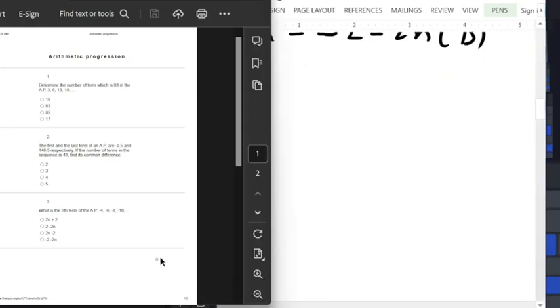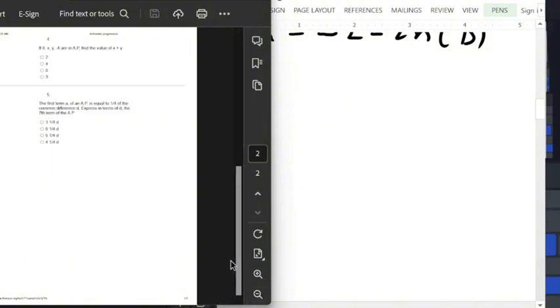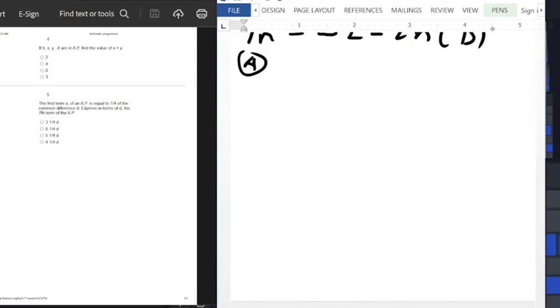Question 4 is: if 8, x, y, minus 4 are in AP, find the value of x plus y.